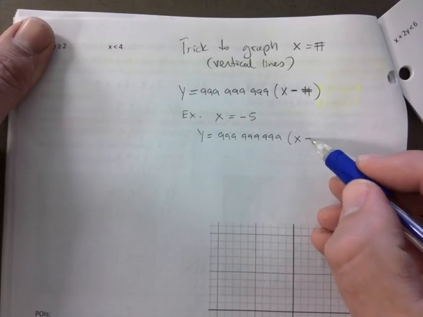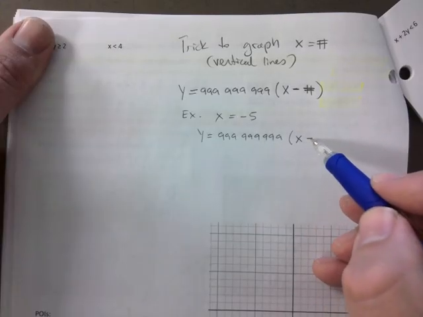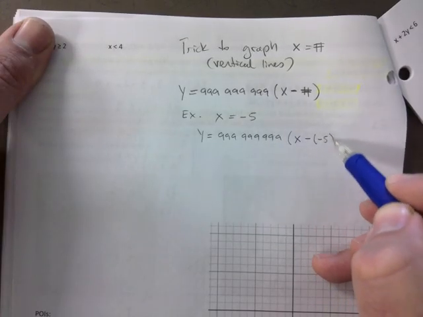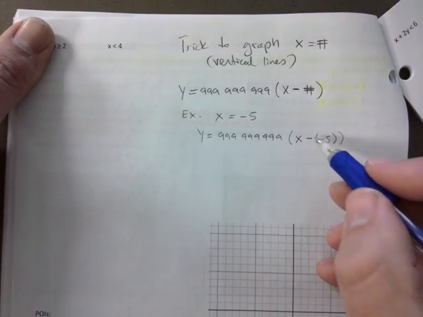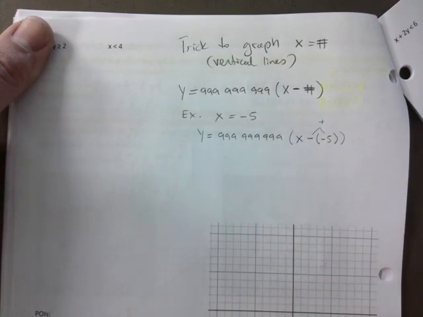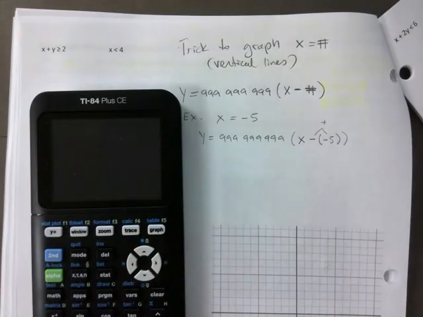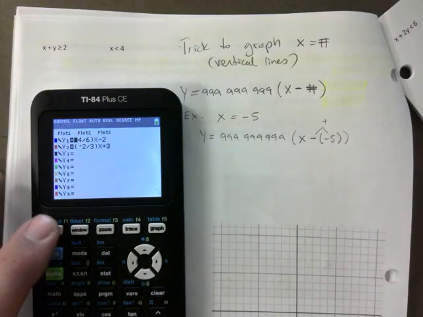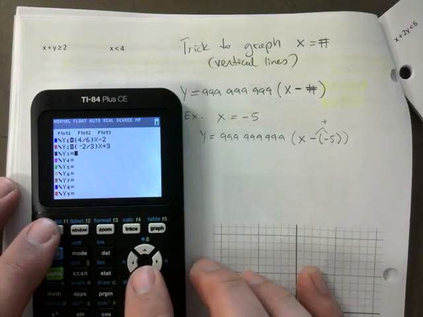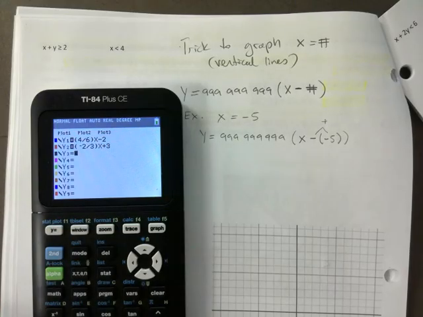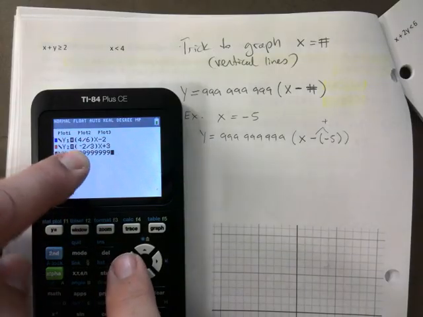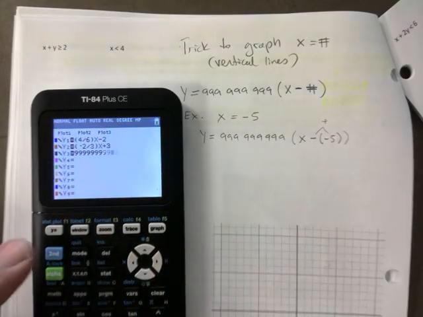What's X minus -5? It's really X plus 5, right? So let's try that. It's actually pretty cool. I did not know this could be done all these years. So 9 nines. I'm pretty sure you can probably get away with fewer than 9 nines, but I'm not going to try it.